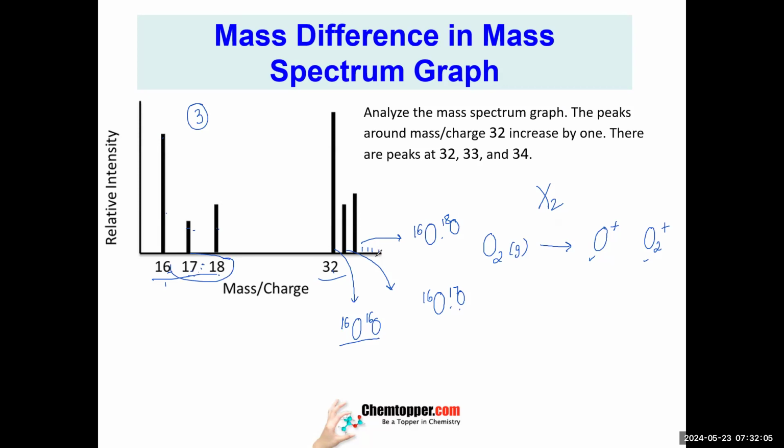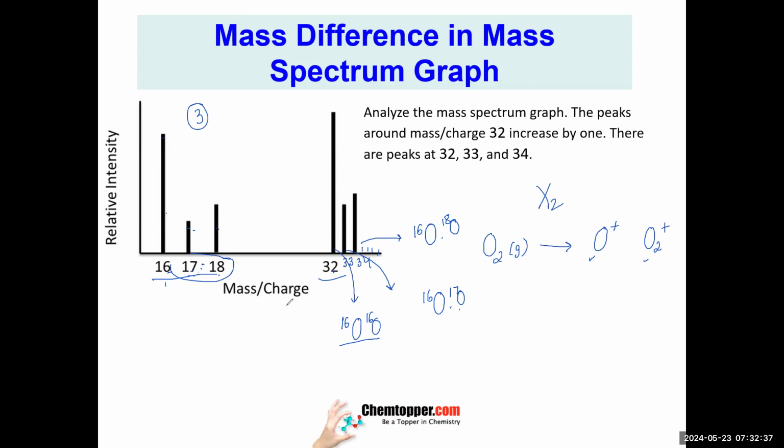Yeah, it can be. It can be 17 and 18, but which one are you saying? This is 32, this is 33, and this is 34. 17 and 18 is not 34, right?